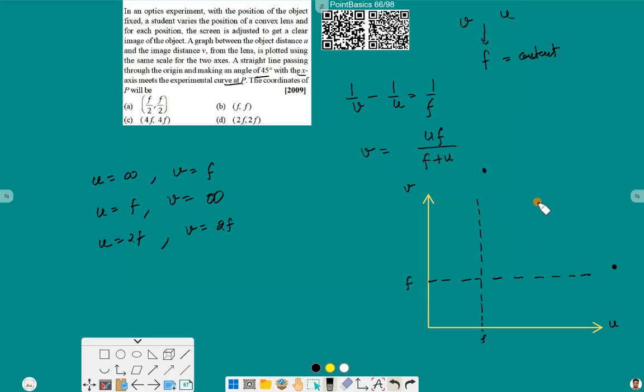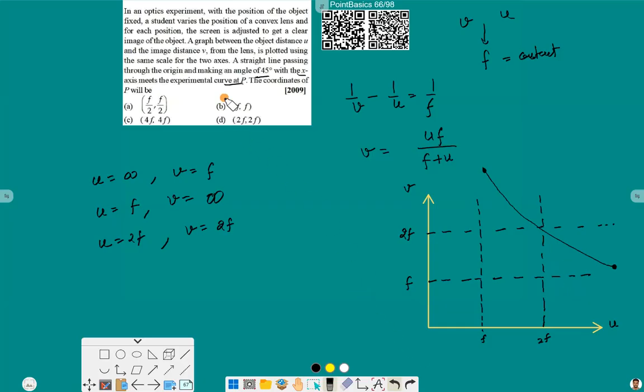So for that, we have to add another line of 2f. Suppose this is 2f and this is also 2f. So the curve will go like this.